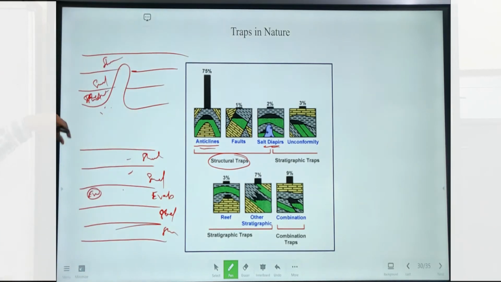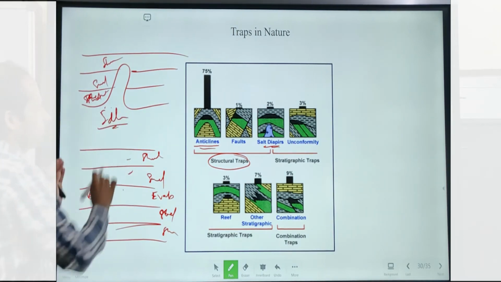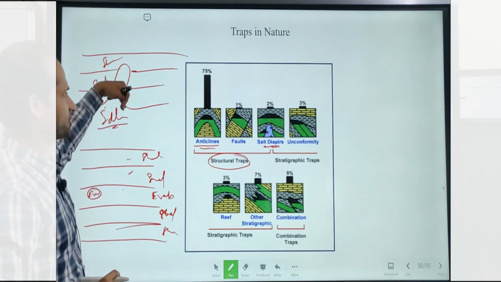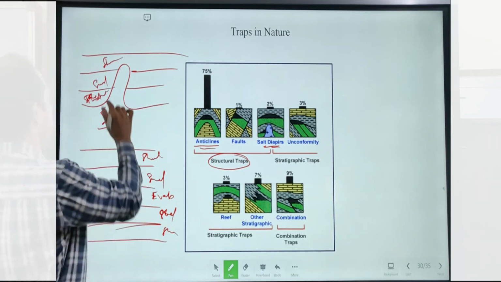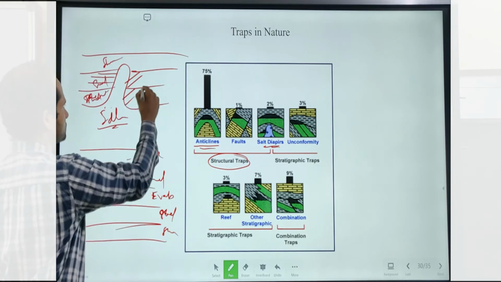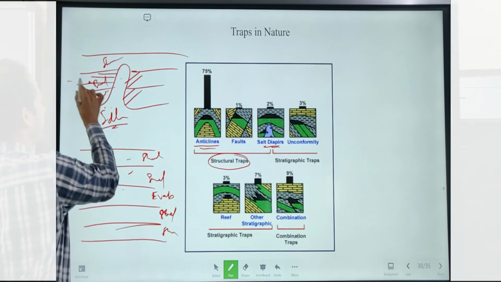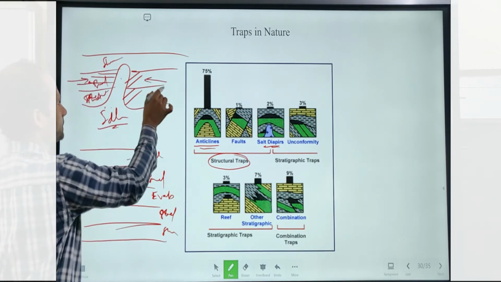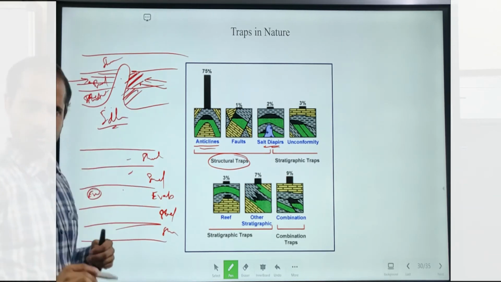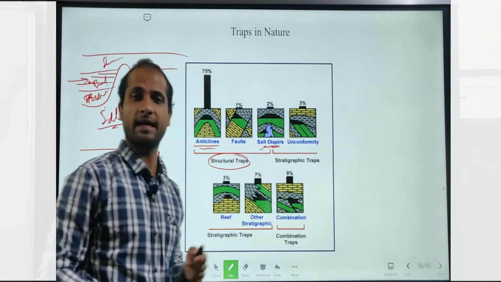When the salt forms a bulb-like structure within the overlying strata, it forms occluders along this salt, because salt is impermeable and this is a permeable layer. When oil and gas is migrating, it will accumulate along the edges of these structures. This is how the accumulation of hydrocarbon takes place in salt diapirs.